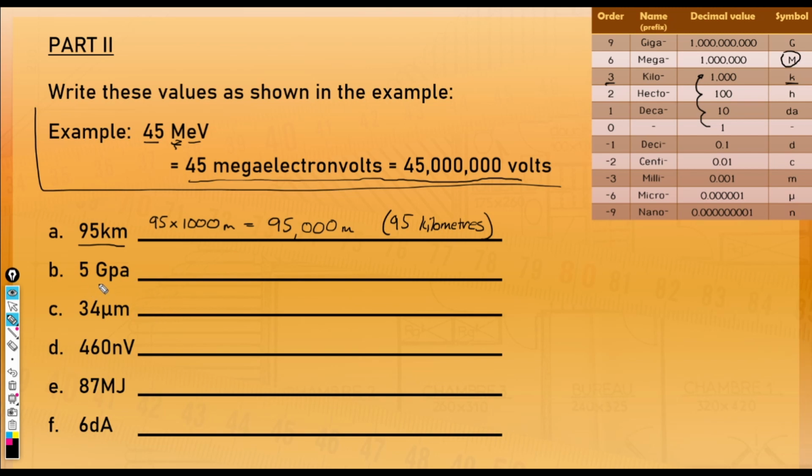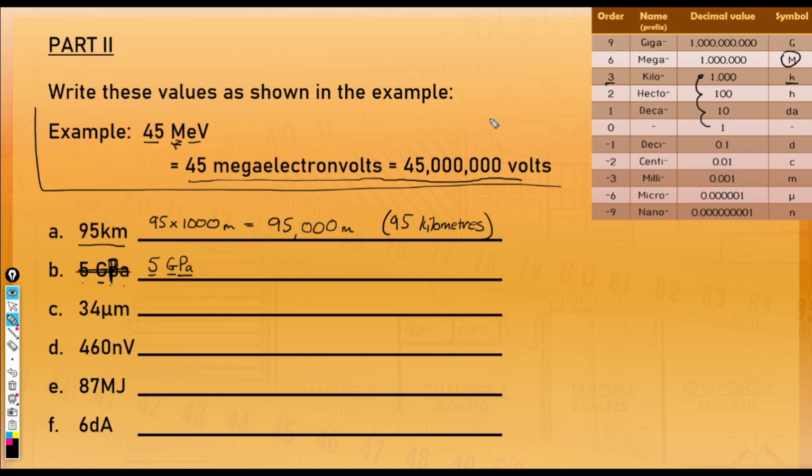So next up, I think I've spotted a mistake here, we've got G5, big G, PA. Now this should be a large P because we are doing Pascal. So here, let me write that out again, 5 G, Pa, like that. That's how that should look. And so what we're looking at here is 5 gigapascals.